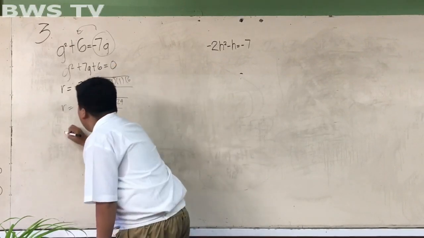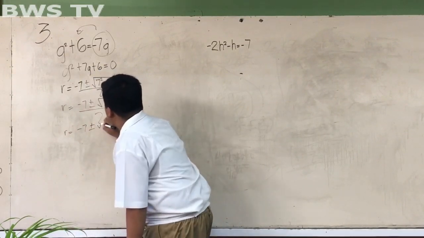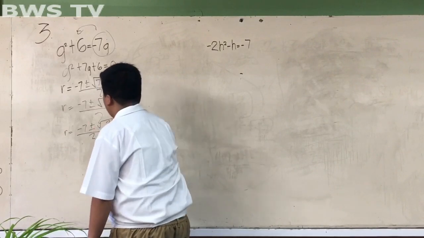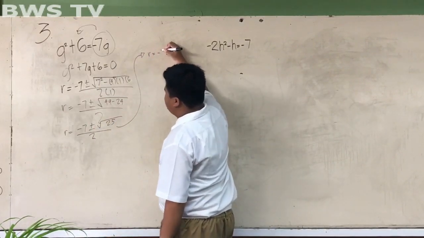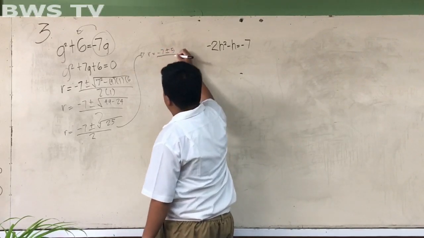Then r is equal to negative 7 plus or minus the square root of 25 over 2. r is equal to negative 7 plus or minus 5 over 2.